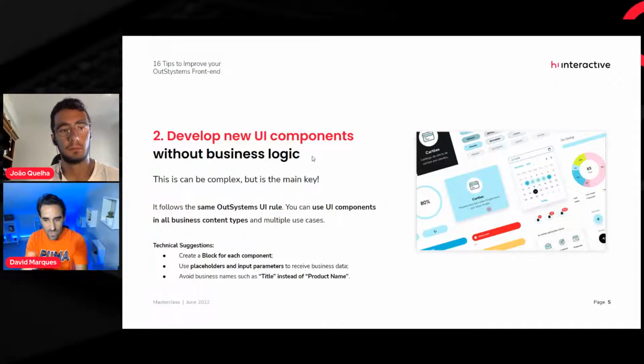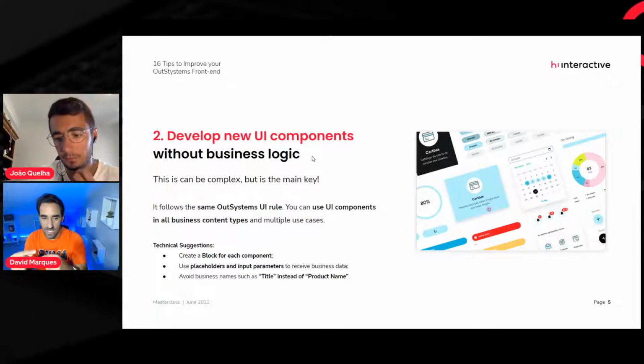I can give you some examples. For example, when you are creating a component, 90% of the time it needs to be a web block. You can have placeholders and input parameters to fill in the data, the business logic. So when you want to add a list or a title to your component, the name of your product needs to come through an input parameter or a placeholder.